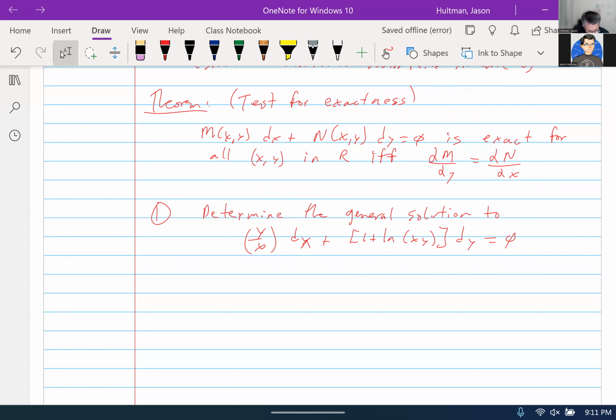And then let's figure out what the potential function of that exact equation is. That potential function will help me solve the differential equation. So we want to test for exactness.